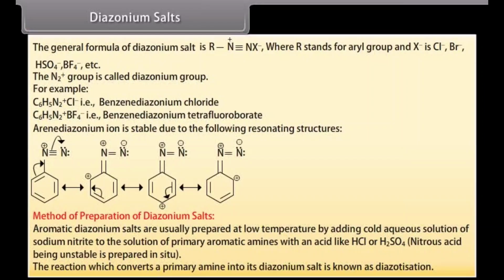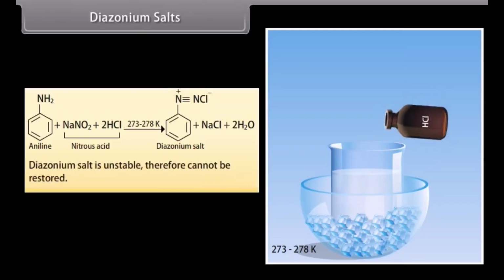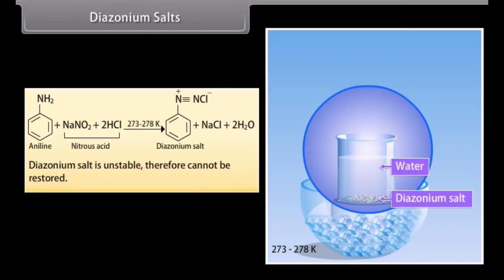The reaction which converts a primary amine into its diazonium salt is known as diazotization. Aniline reacts with cold aqueous solution of sodium nitrite and hydrochloric acid at 273 to 278 Kelvin and produces diazonium salts. Diazonium salt is unstable, therefore cannot be stored.